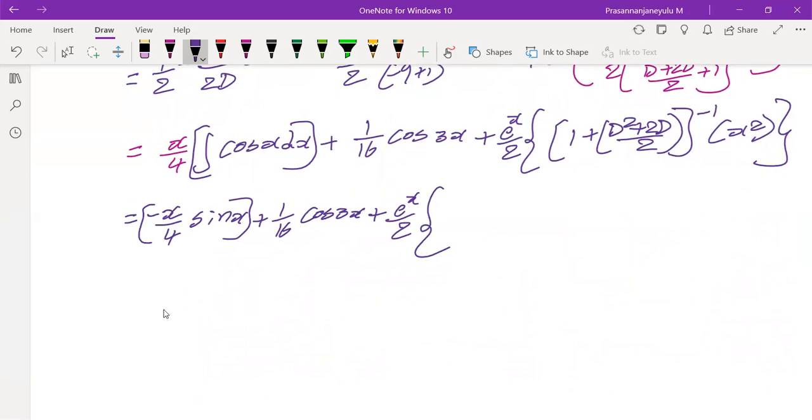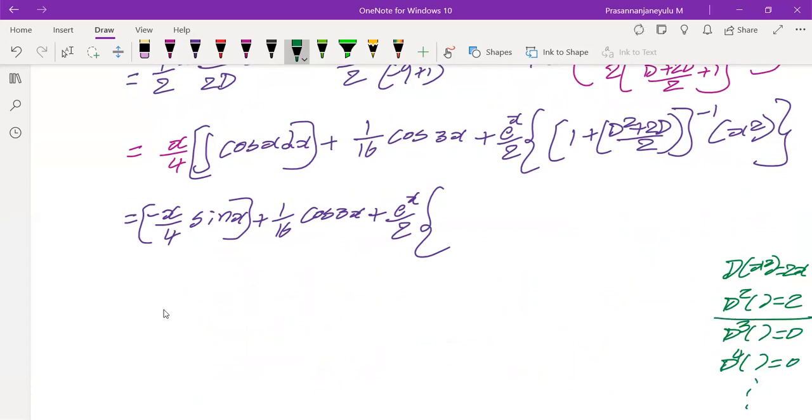So here, as we discussed earlier, differentiation of x square is 2x, double derivative of the same function is 2, and the 3 times derivative is 0, and 4 times derivative is 0. We have to continue in the same manner.